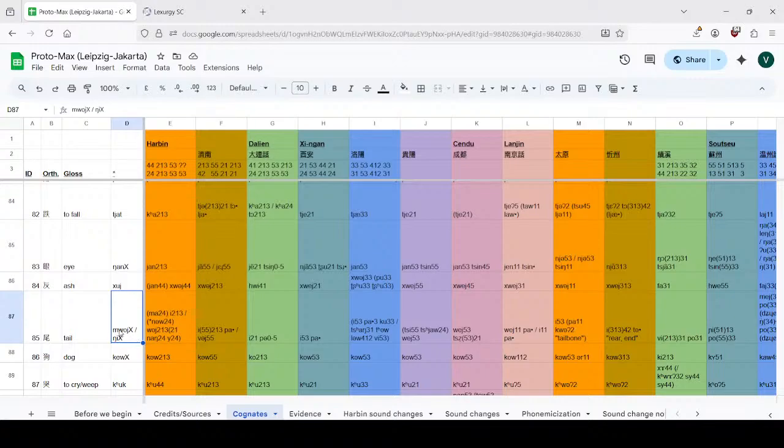So essentially, it's just the M dropping off in the initial, and then oi following the normal development of oi after a labial, which is raising to ui, and then afterwards becoming e, and then breaking into wei.